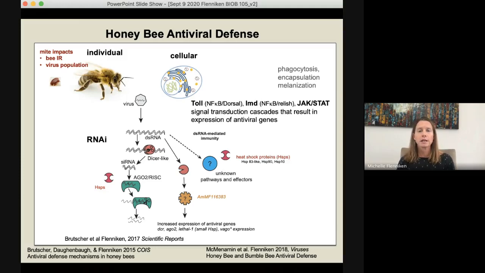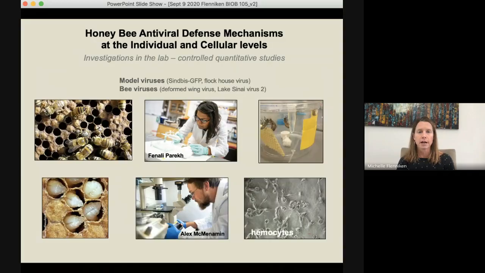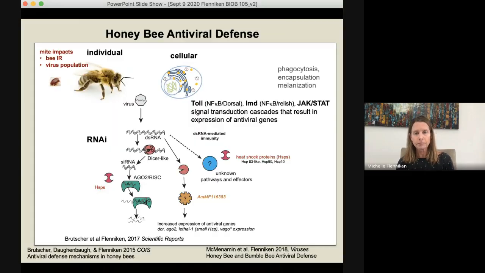One of these key antiviral defense mechanisms in insects and plants, which I want you to look up and read about later, is called RNA interference. For those of you who it's been a while since we have had genetics, RNA interference just does what its name suggests, and we'll go over that in some detail in the upcoming slides.